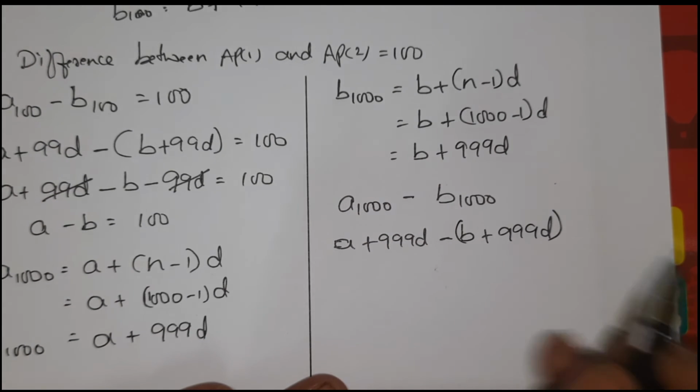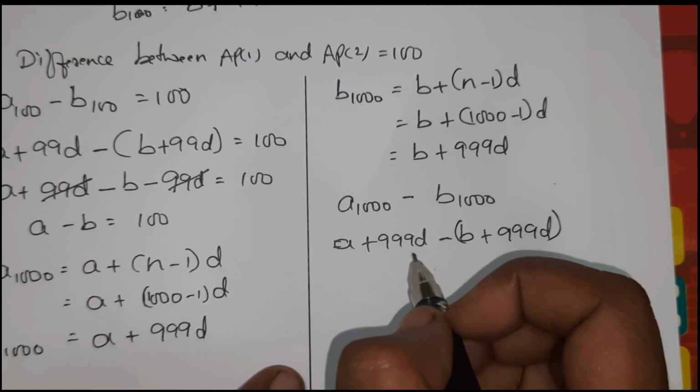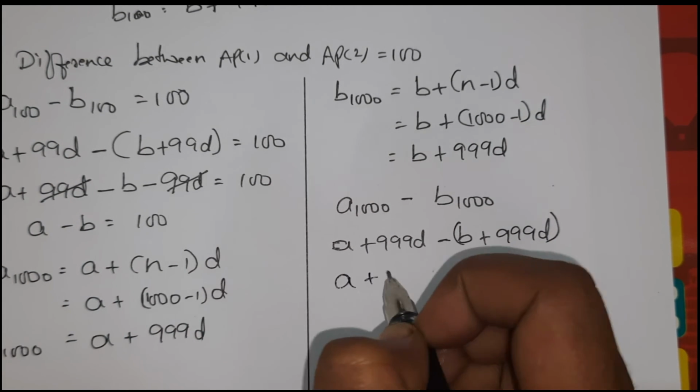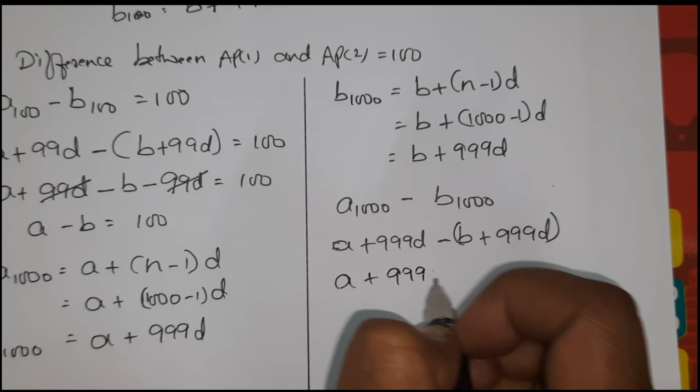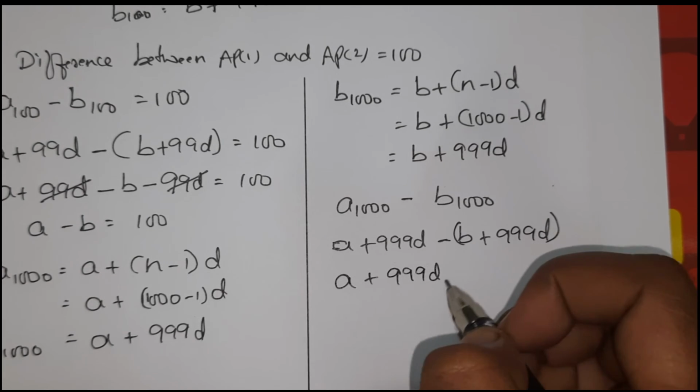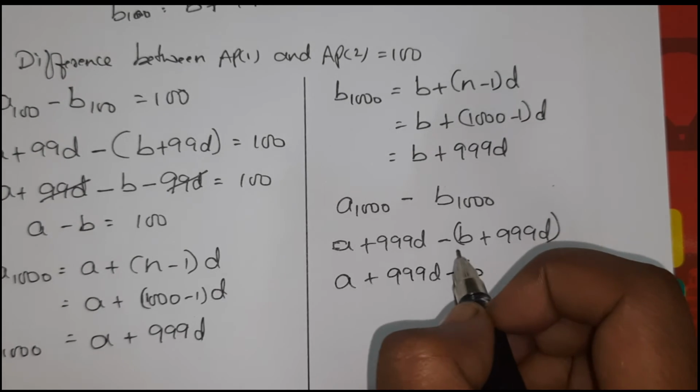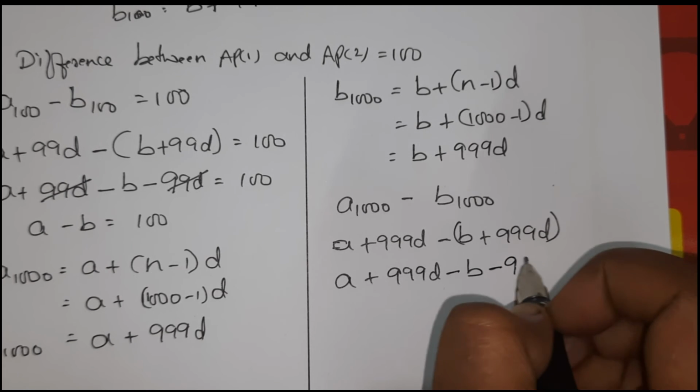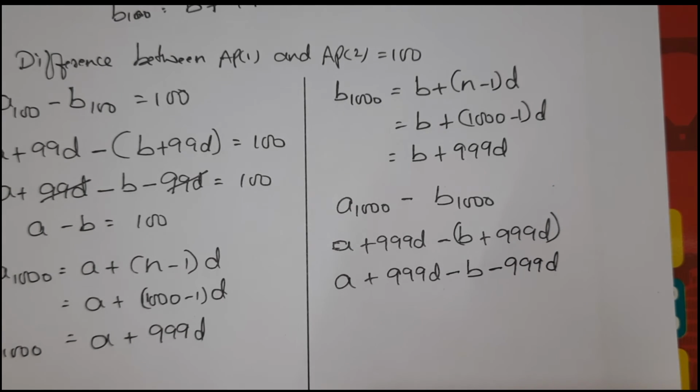That is the question. Okay, now in the next line, a plus 999d, minus into plus it is minus b, minus into plus it is minus 999d.